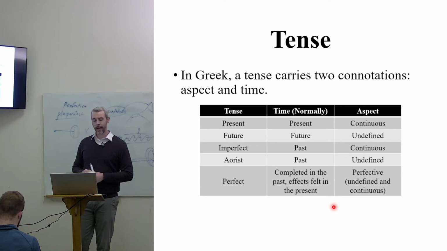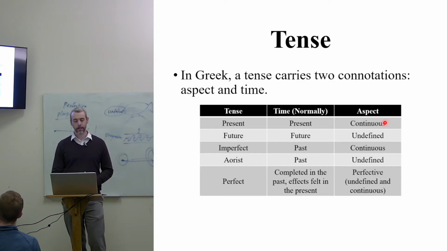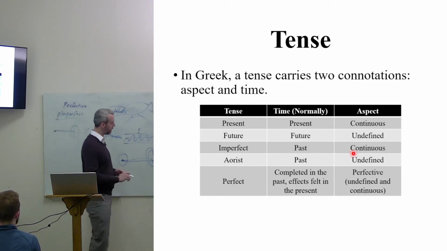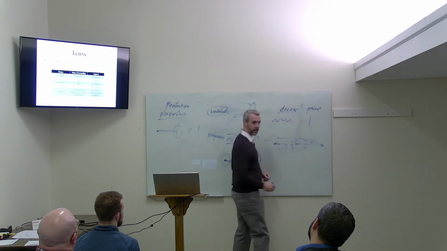Now, the aspect of that, and I probably could have done a little bit better on this chart, for the present, it can be undefined or continuous. For the future, it is always undefined. It's actually built on the aorist tense. The imperfect is continuous activity in the past. So if this is the present, I was running.